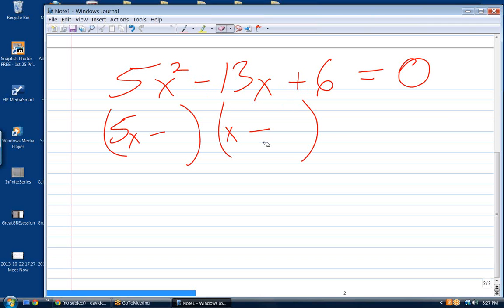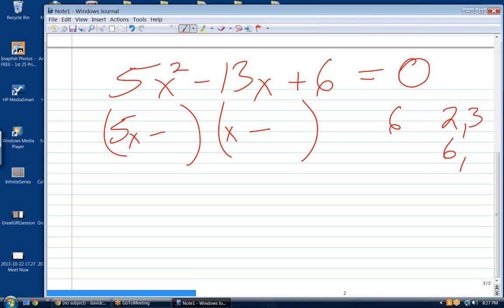Okay? Now, because this coefficient is different than this coefficient, this becomes a much harder problem. I can no longer say that I'm looking for factors of 6 that add to 13. Doesn't work that way. I'm looking for factors of 6, but I'm going to have to use some trial and error. So, what are factors of 6? 2 and 3.